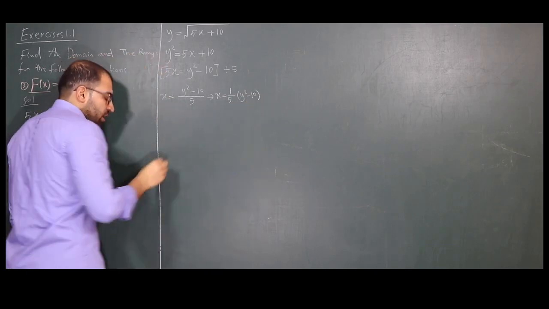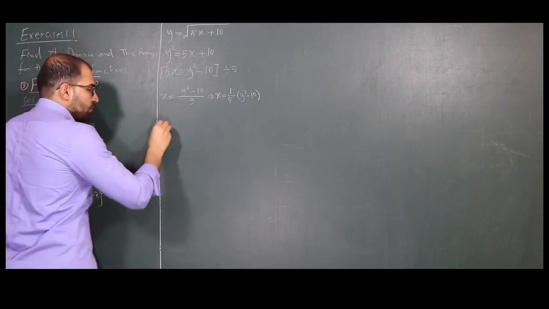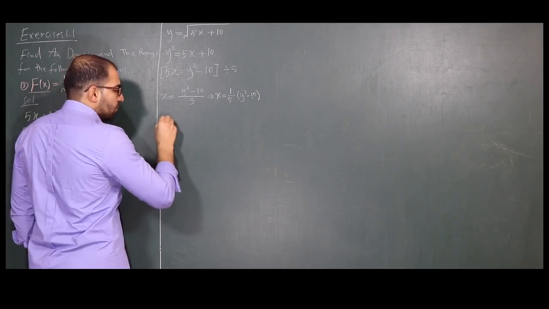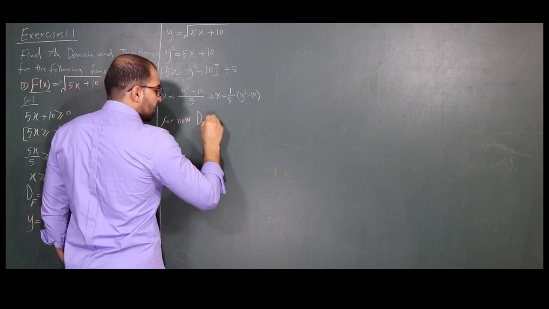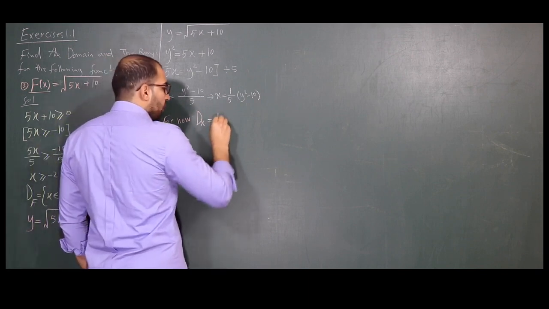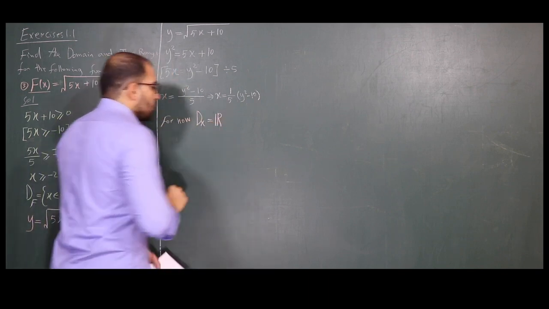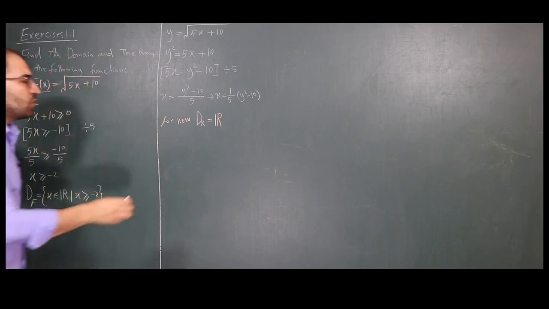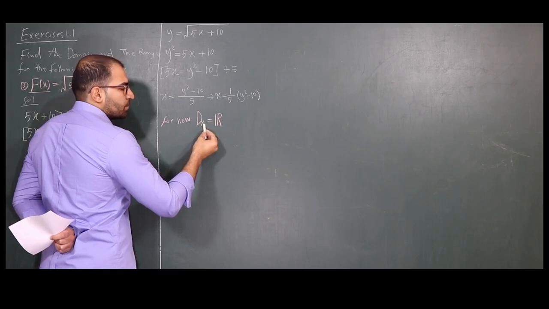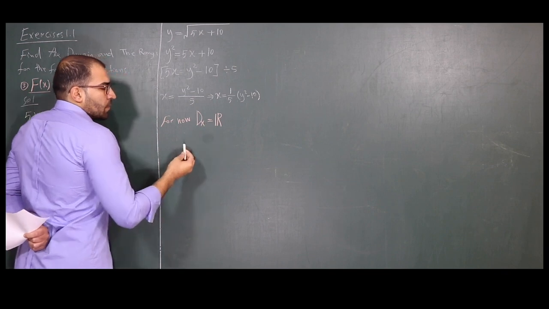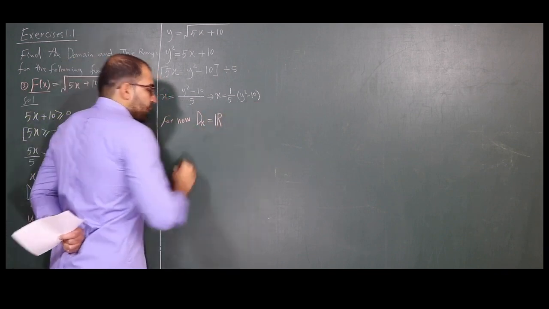So initially, or temporarily for now, the domain of the function x will be R, because this is a polynomial.